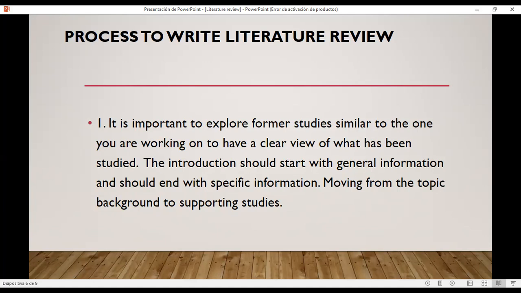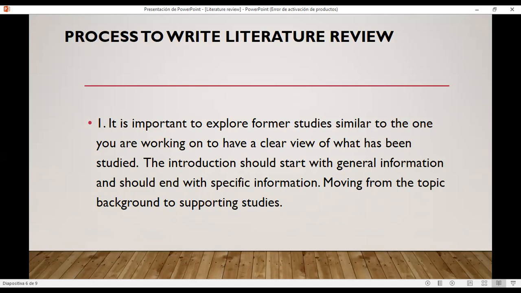For example, if I want to develop a research about a university here in Ecuador, the ideal is that I check the research studies, articles developed with universities in other countries or cities, okay? And of course, they have to show a closer similarity with the issue, with the theme I want to research.